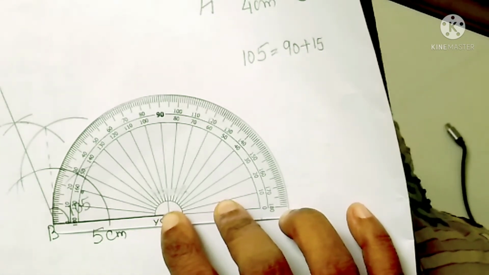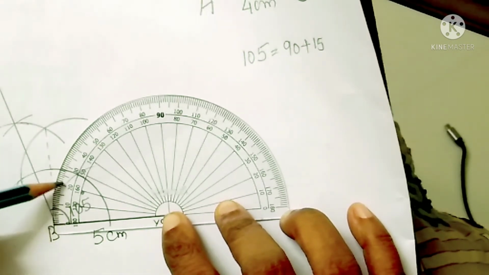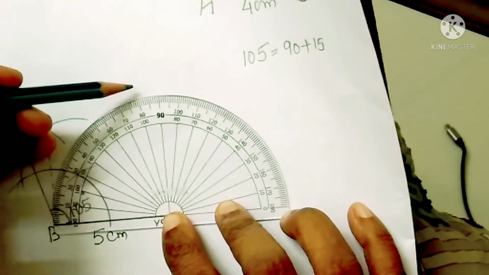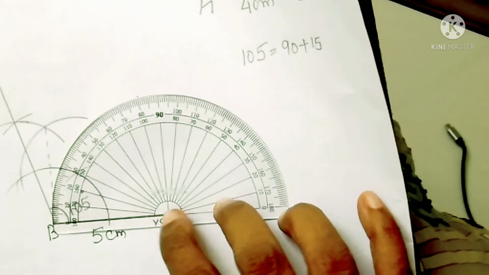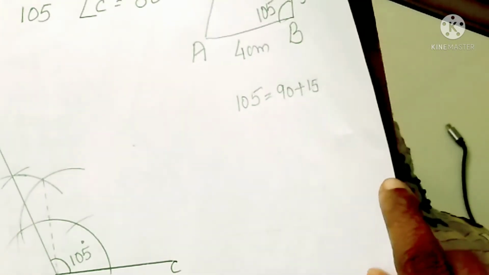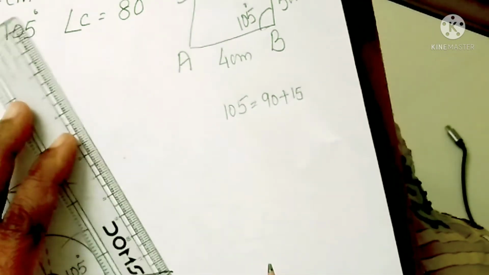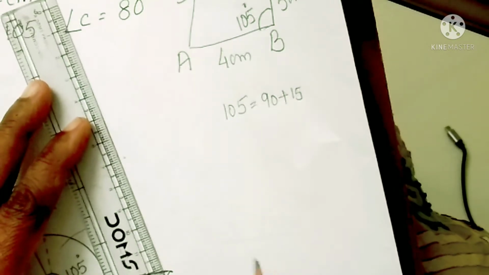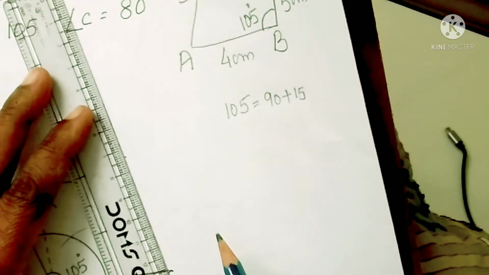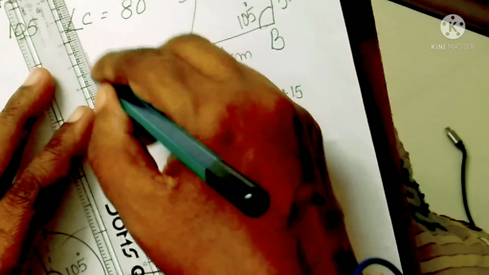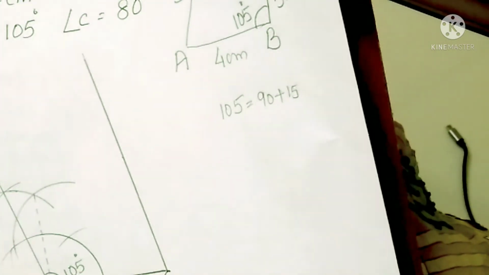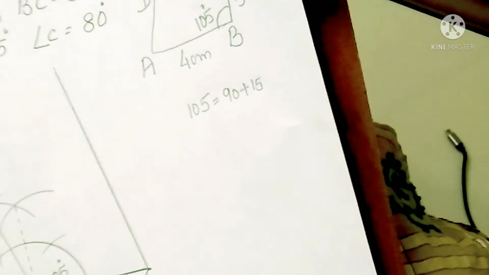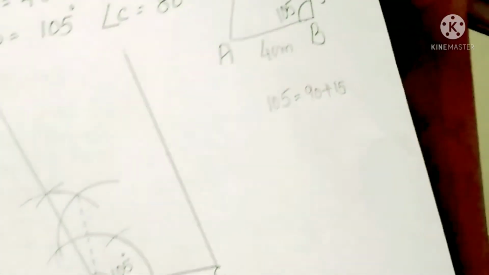So here 0, 10, 20, 30, 40, 50, 60, 70, 80. After getting that point, join C to that point. Again draw a little longer line so that it will be easy to cut.